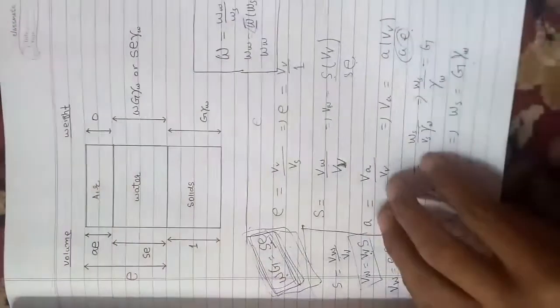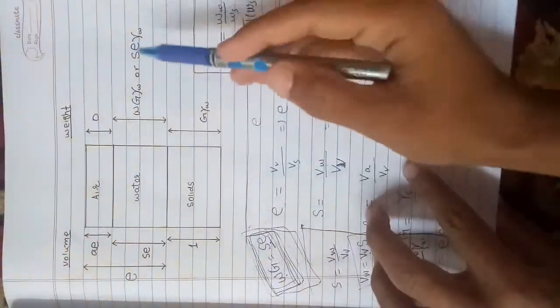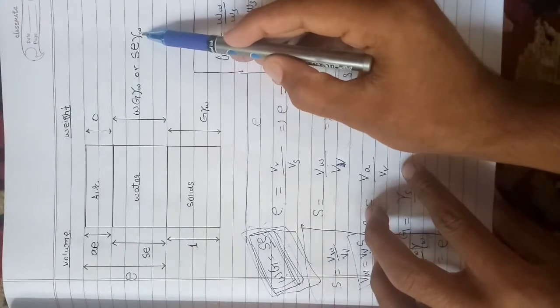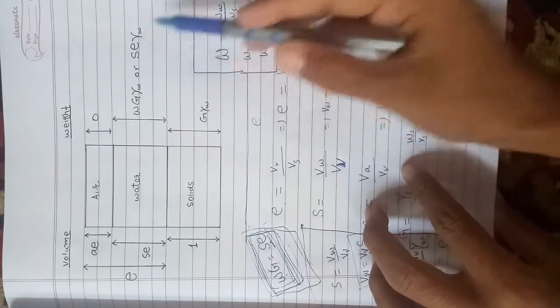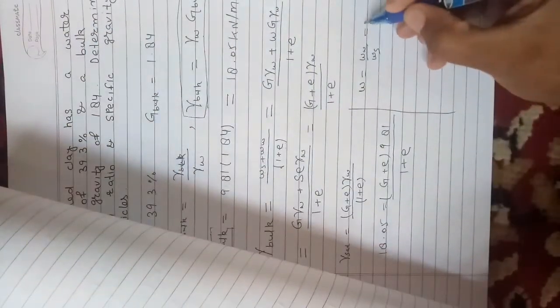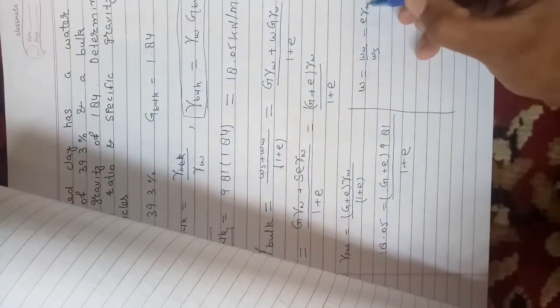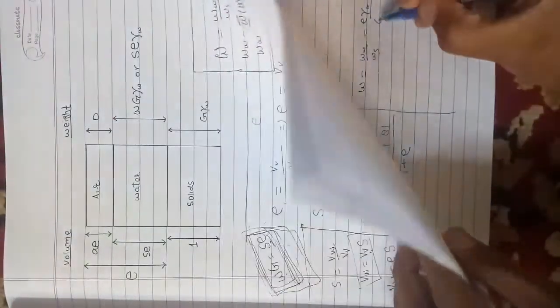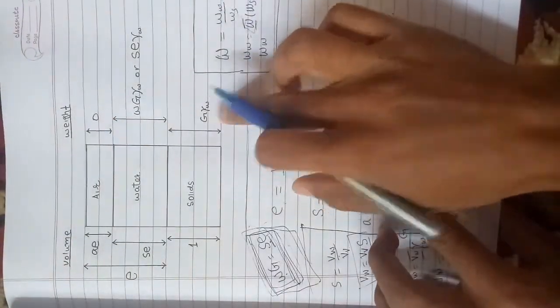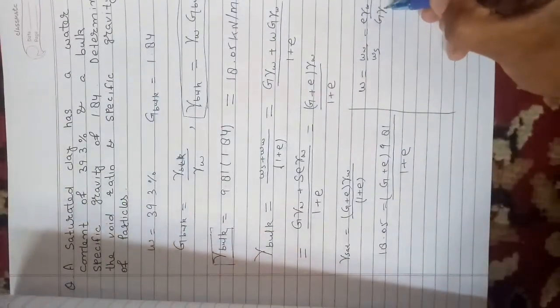In this case, the weight of water is S into e into the unit weight of water, but the degree of saturation is 1, so it is e times the unit weight of water, divided by the weight of solids, that is G, the specific gravity of solids, into the unit weight of water.